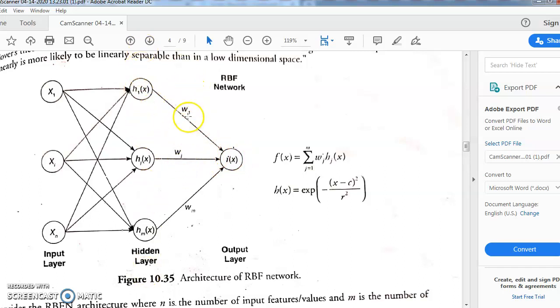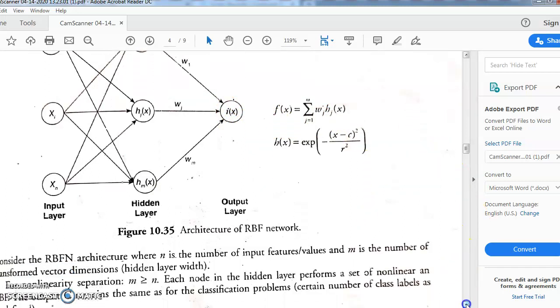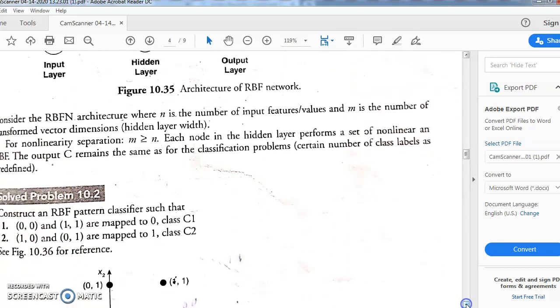Weighted sum means w1 into h1 of x plus w2 into h2 of x, and so on, wm into hm of x. So the summation from 1 to m with all weights and all functions will give the classification. According to Cover's theorem, it is easy to classify non-linear data. Let's see the example so that you can easily understand the concept.